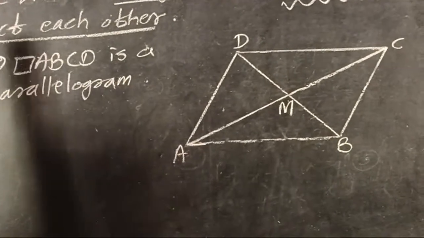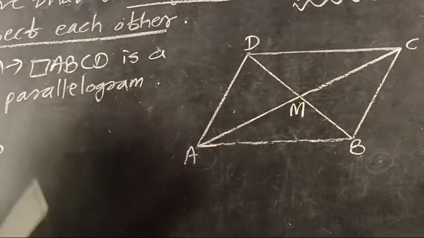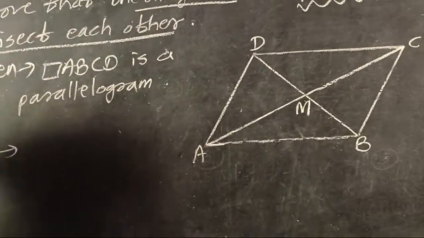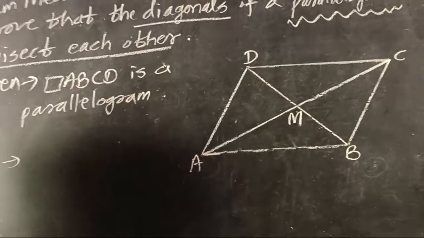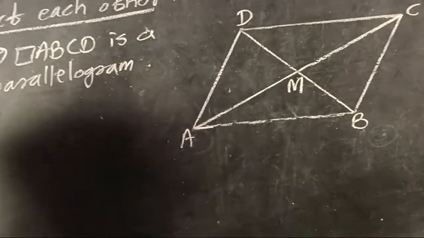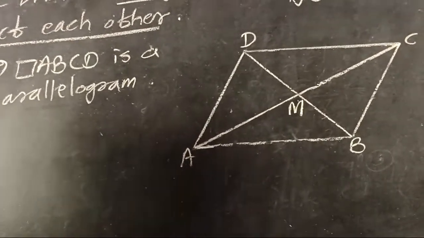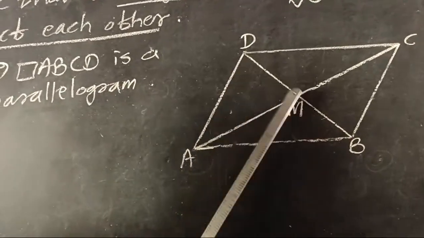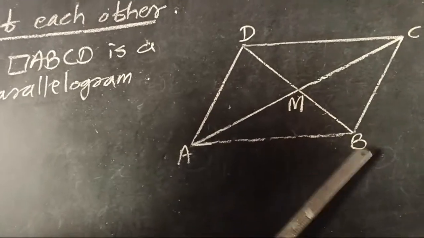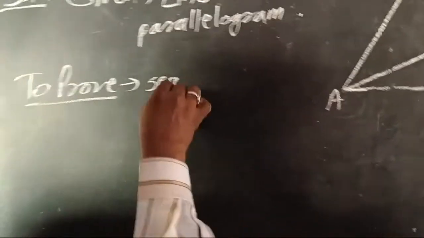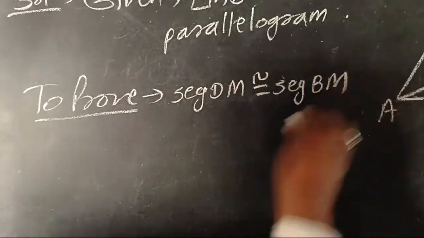By the meaning of bisect, in Marathi it is "dubhagne", which means two parts are equal. Which parts are equal? Good. Segment DM is congruent to segment BM.